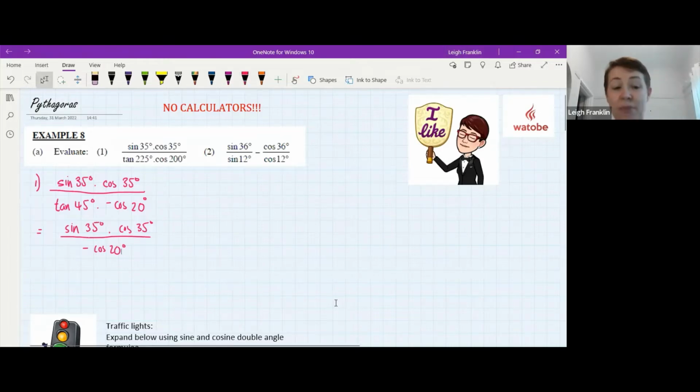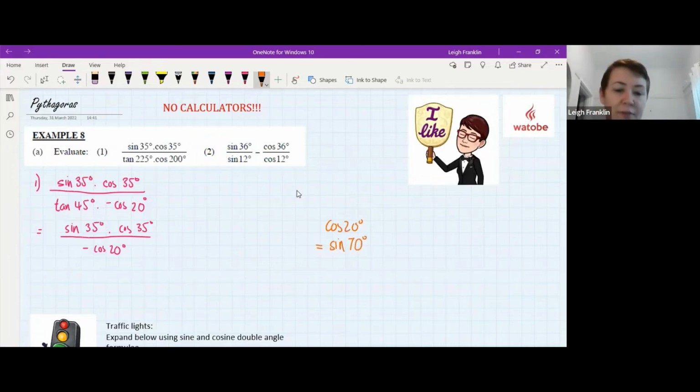So it's got something to do with double angles, and it's got something to do with co-ratios. In other words, never, ever forget that if you have been given, for example, the cos of 20, you can rewrite that as the sine of 70.